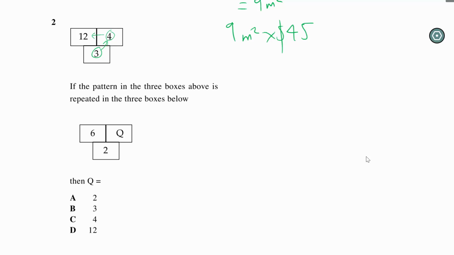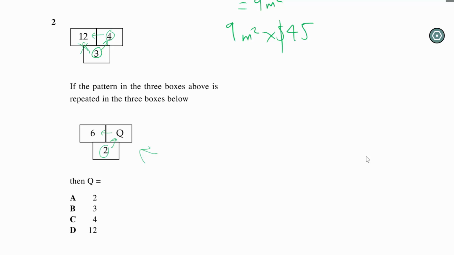So if we follow the same principle in this part here, 2 times what should equal 6. Now that's one way to figure it out. Let's just say we did it the other way, right? So if we did 3 times 12, that does not equal 30. That does not equal 4. So it's not that method there.